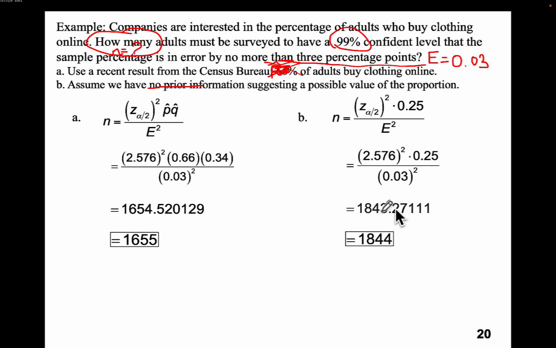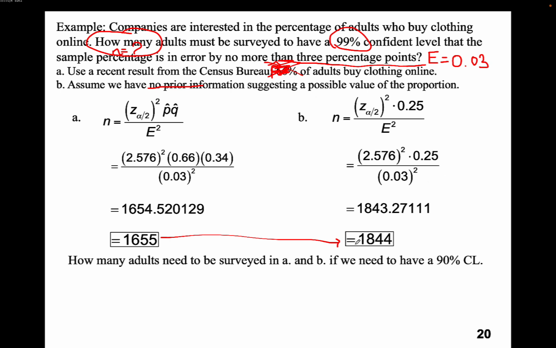But for sample size, since that's the minimum, the 0.27 is included, we would have to sample one more adult to get to our 99% confidence. So without the Census Bureau's previous study, we have to survey an additional almost 200 people from here to here. Well, that makes sense because we're not using any past statistics.